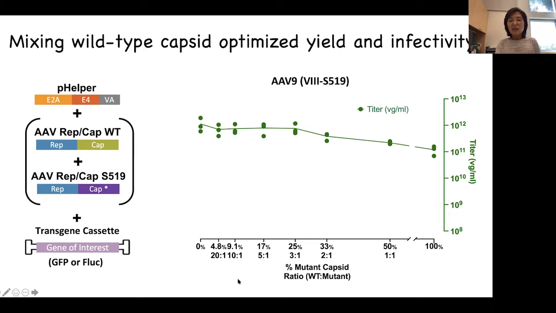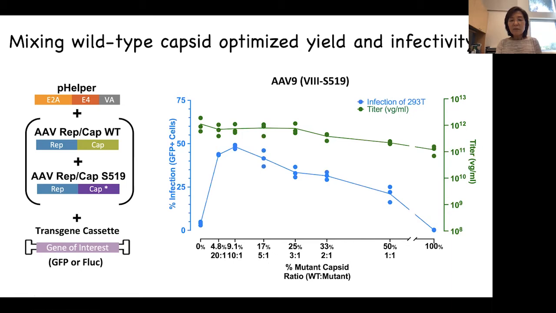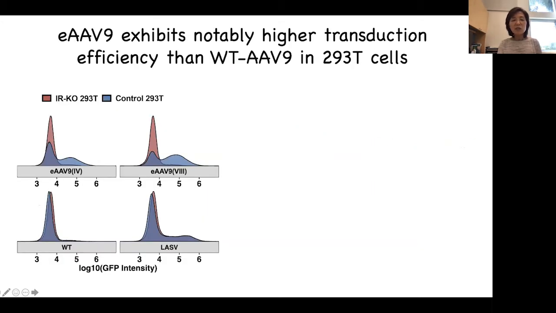Then, at the same vector genome copy, he tested infectivity and learned that at a 10:1 ratio of wild type to S519-inserted capsid, the infectivity is the highest. So we decided to call that EAAV9, for enhanced AAV9. This is the case for loop 8 insertion, and we did the same with the loop 4 insertion.